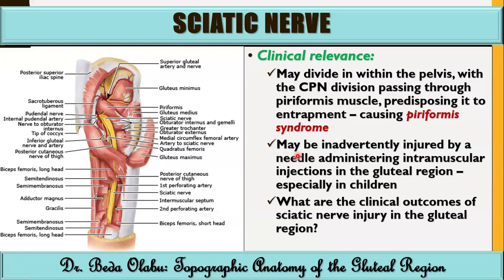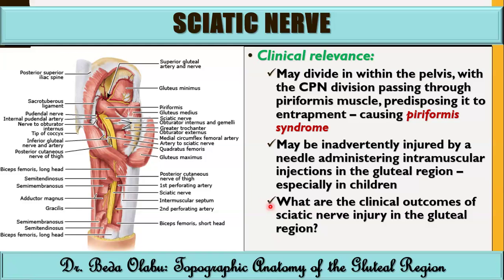You will realize that if you were to injure the sciatic nerve totally in the gluteal region, that person may not walk at all, because you have affected the whole of the posterior thigh muscles, which means this person will not be able to flex their knee.